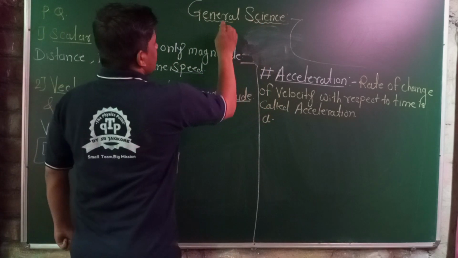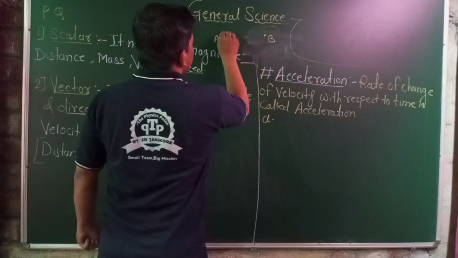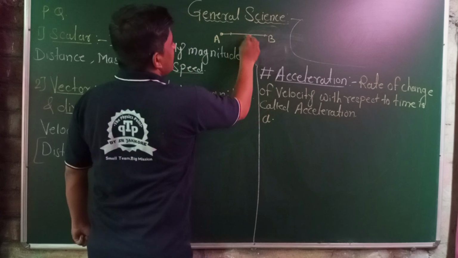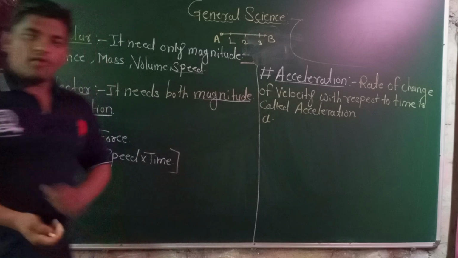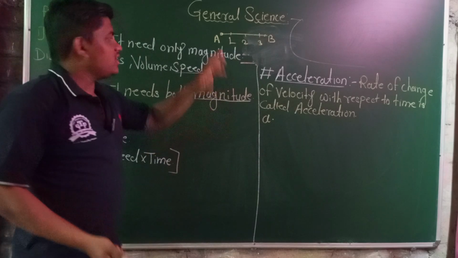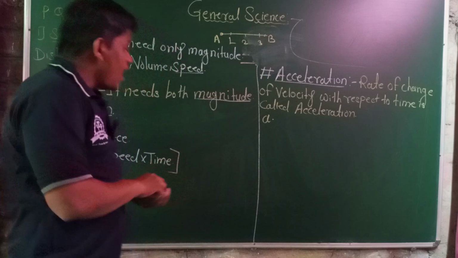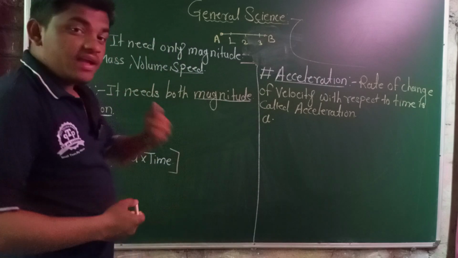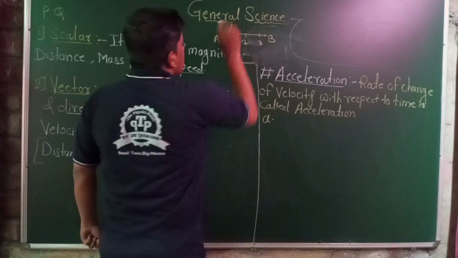Consider a vehicle at a point A moving towards a point B, with certain different places, place 1, place 2 and place 3, on the path from point A to point B. Then I will take readings of my vehicle. The velocity at place 1 will be V1.